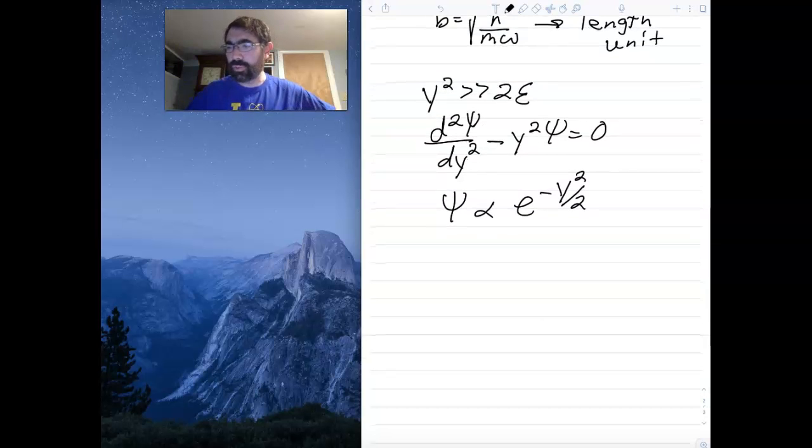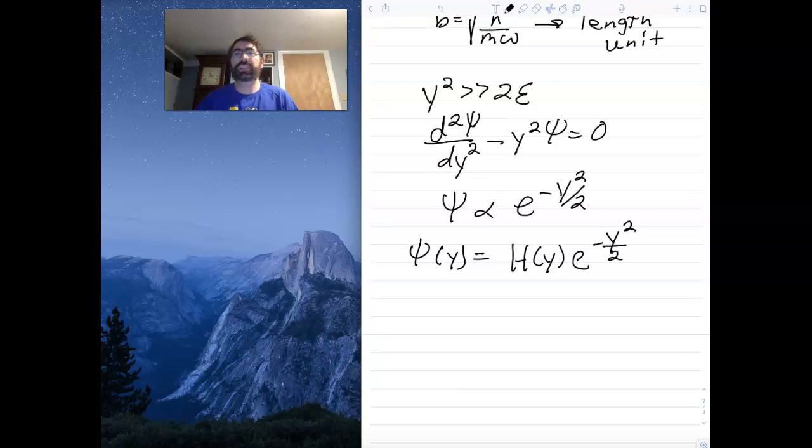So let's turn this into a real function. psi as a function of y is some function of y, h, times e to the minus y squared over 2. So at small y, the h function dominates, and at large y, the exponential dominates.